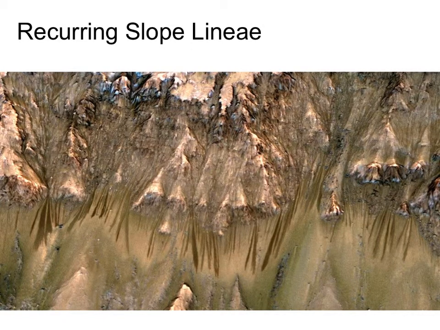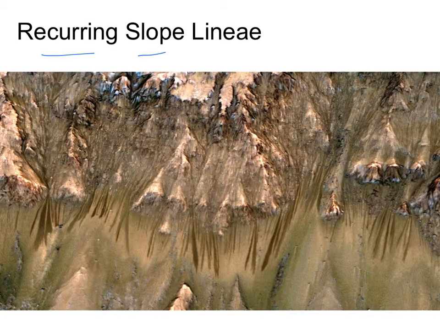What's of more interest more lately is this idea of these recurring slope lineae. Lineae just means a linear structure. These show up on various slopes around Mars, and they're recurring, meaning that these dark streaks show up, they disappear, then they show up again in the same area, and then they disappear.